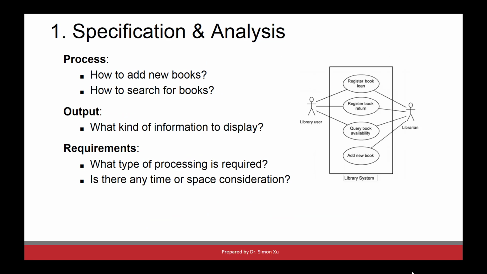We also need to understand the output for the library system. For example, what kind of information we should present to the customer who is searching the catalog. And are there any time or space requirements for this system? Are there any other processes we need to think about?